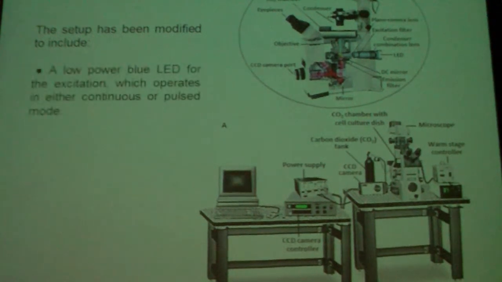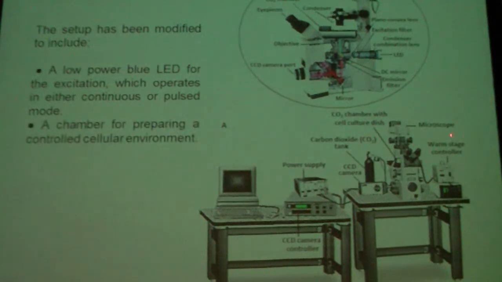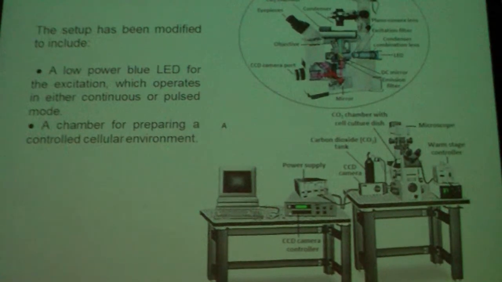We also used a CO2 chamber during the imaging because we shouldn't cause any stress to the cells that could lead to cell death during the experiment. We should prepare an environment like the body during the experiment. Therefore, we used a CO2 sensor.